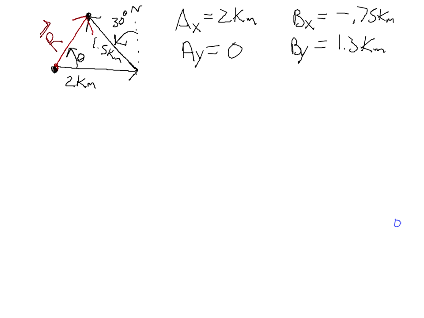All right, step 2 of the algebraic or component method of adding vectors is add the x components together and add the y components together.